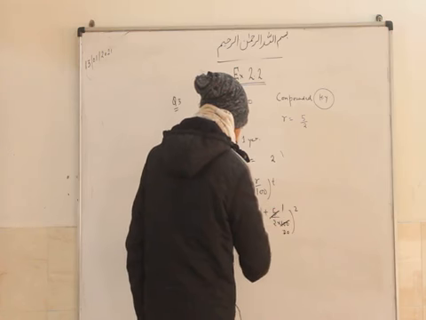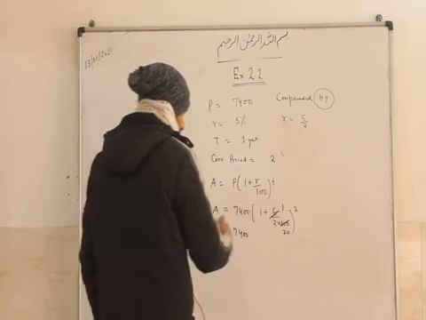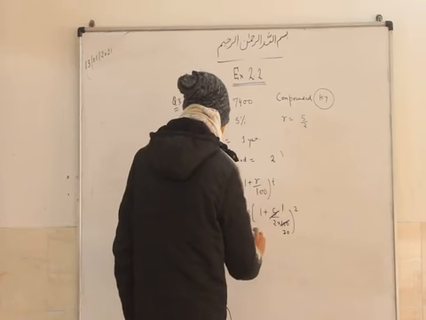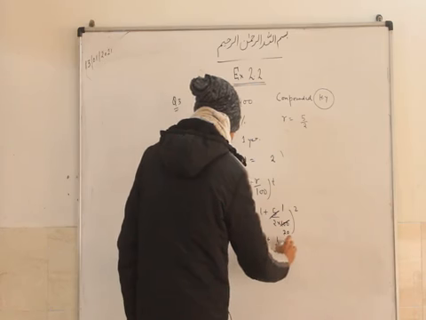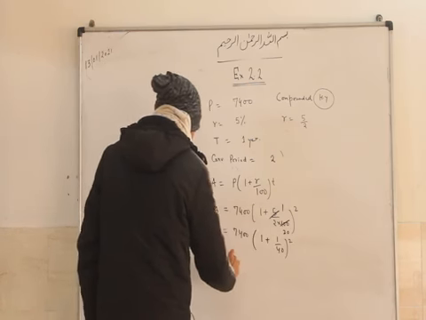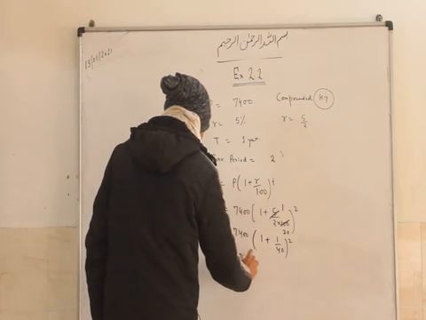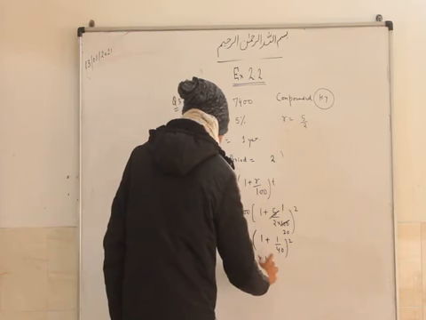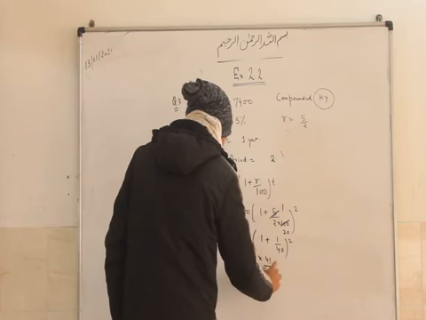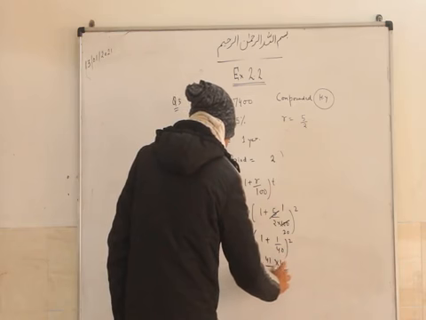5 times 10 is 50... so it will be 40, like 1 plus 1 by 40, right? Now we can solve this by taking the LCM. 7400 times 41 by 40, then 41 by 40.